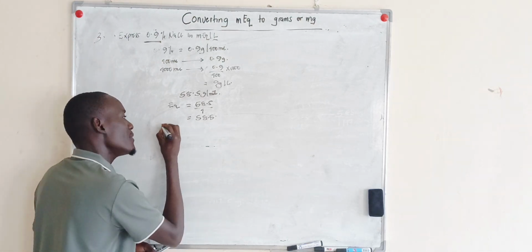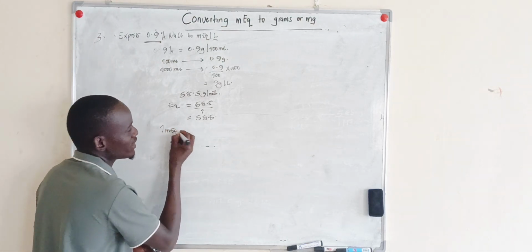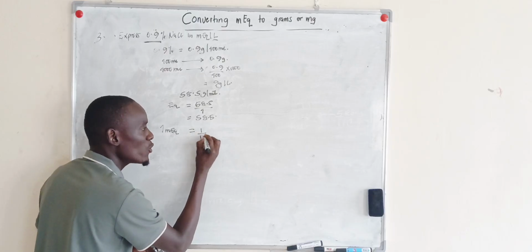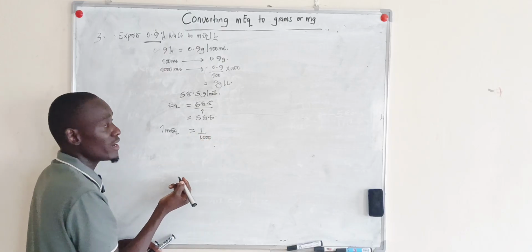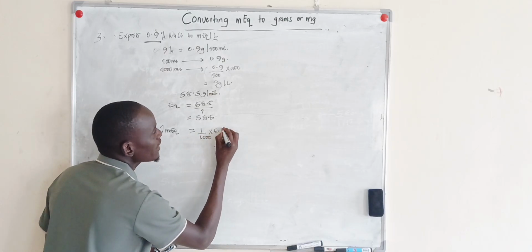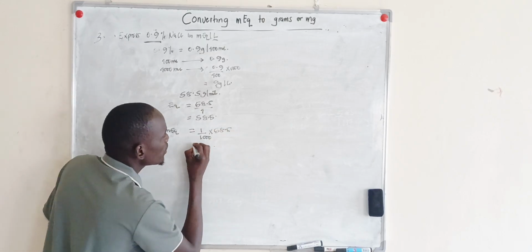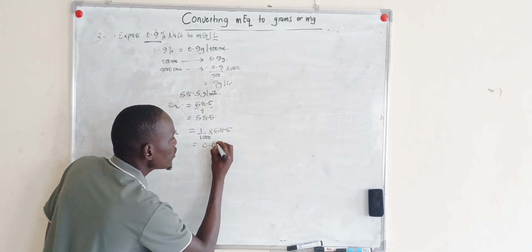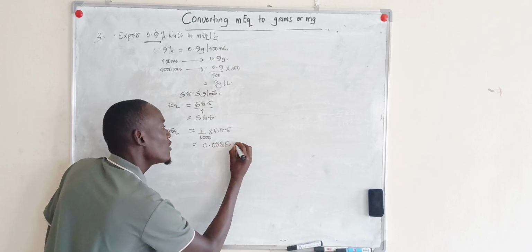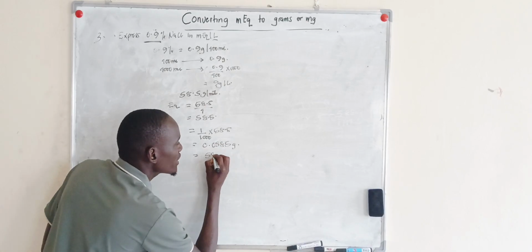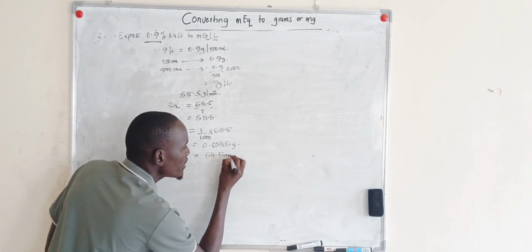But our main aim is to get the milliequivalents. Remember we said 1 milliequivalent of sodium chloride will be equal to 1 out of 1000, from the definition of milliequivalent, times the equivalent weight, but the answer should be in milligrams. So this will be 0.0585 grams. When you multiply this by 1000, we shall get 58.5 milligrams.